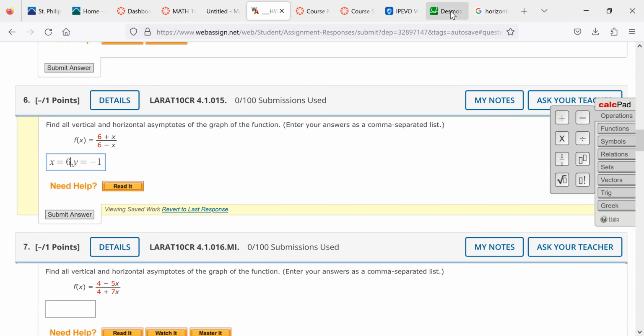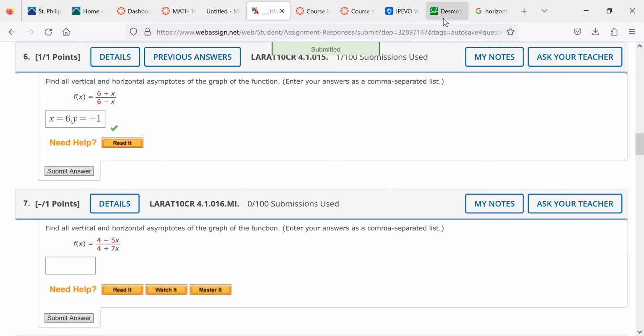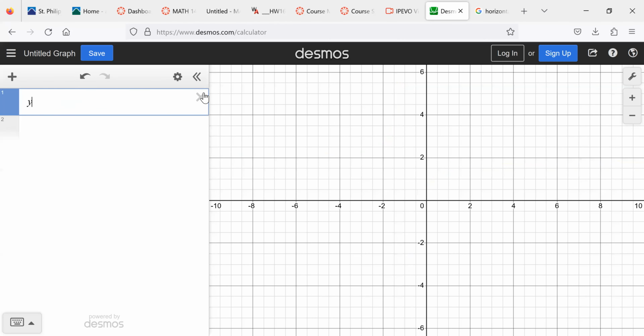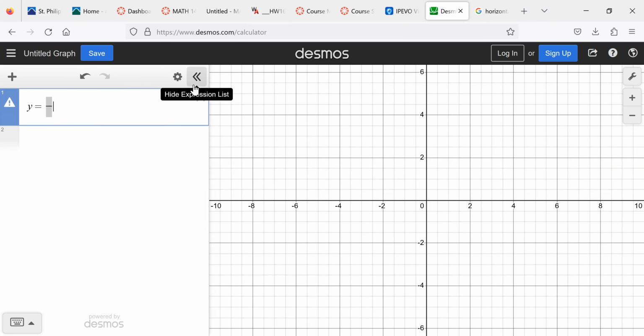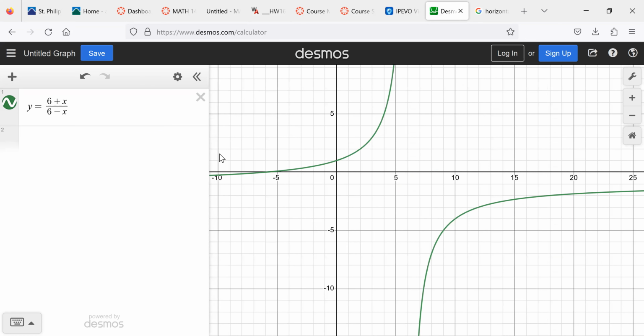Now, if we graphed it, we should see that that's true. The 6 minus x, right? Dang it. 6 plus x. Okay.